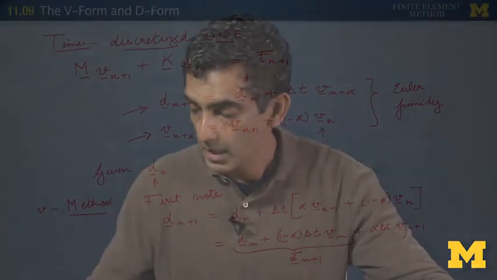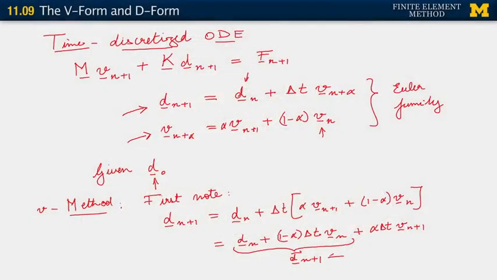Now, we are getting into the realm of what are called predictor-corrector methods. The idea is that if we want to calculate dn plus 1, we have this formula for it, we predict this, and we say that this is our guess for what it is. In general, that will not be correct, and we need to correct it with this term, which is the corrector.